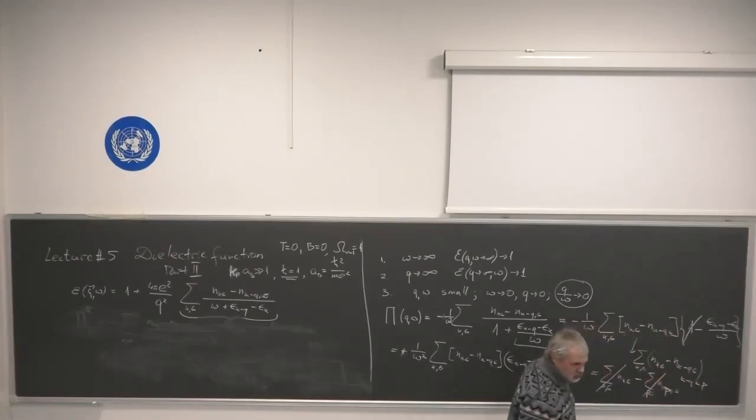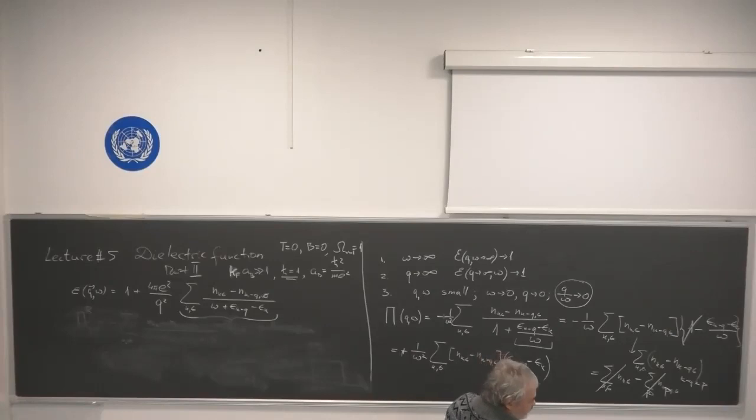These terms are equal to each other. I make a shift of variable, and that's it. Oh, so it's just a shift, not because the temperature goes to 0? No. It's a shift, and this is correct for any temperature.